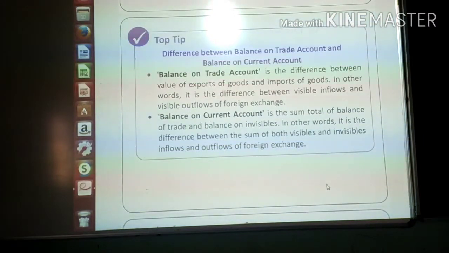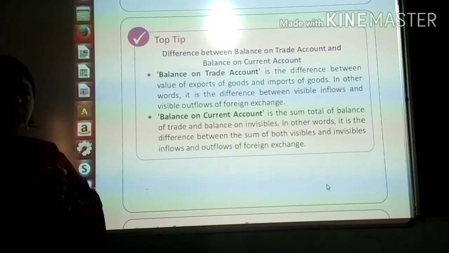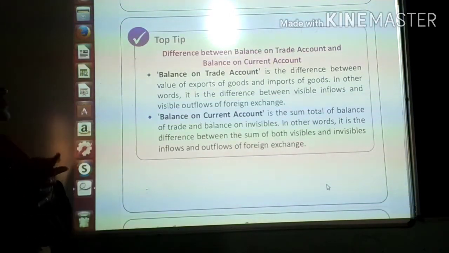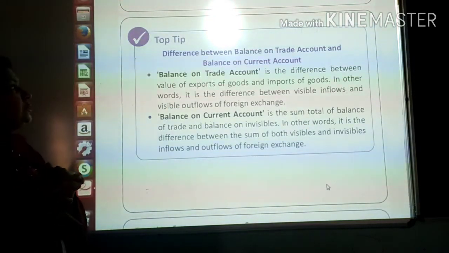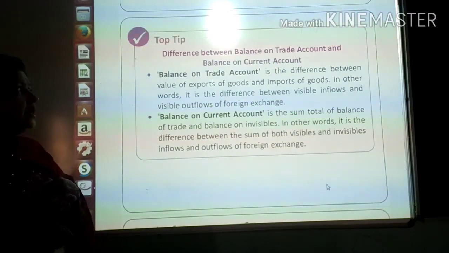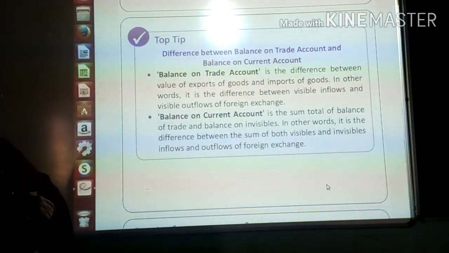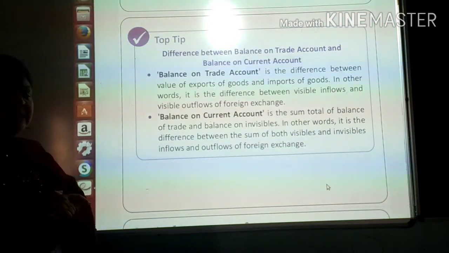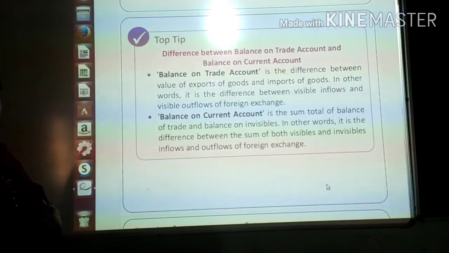Now top tips of this BOT and BOC. Difference between the balance on trade account and balance on current account. In other words, it is the difference between the visible inflows and visible outflows of the foreign exchange.